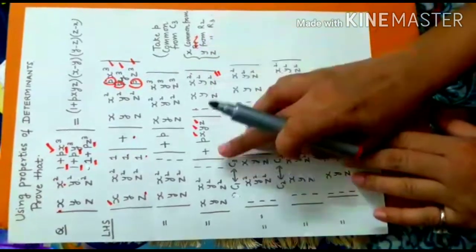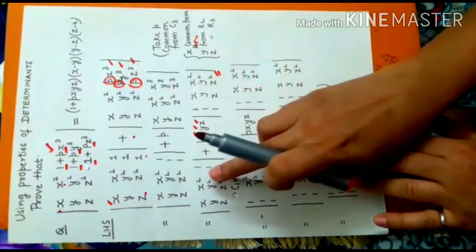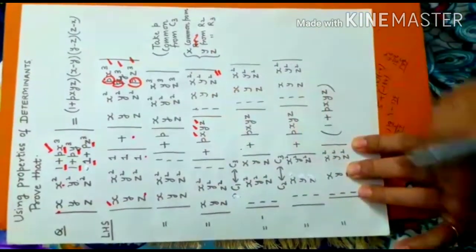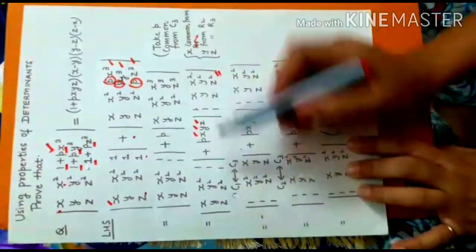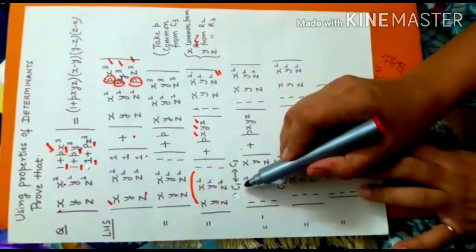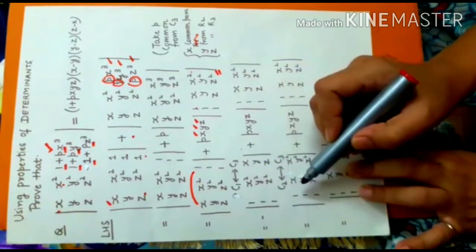So by interchanging columns, I can make these two determinants the same. So in this determinant, I will interchange these two columns. I apply the operation C1 and C3 are interchanged.